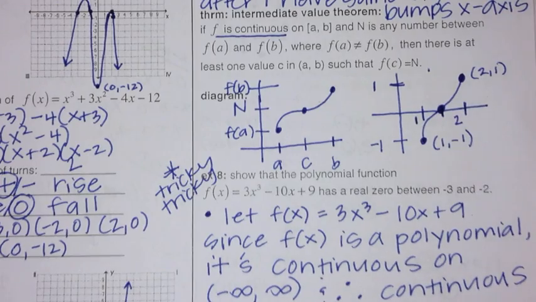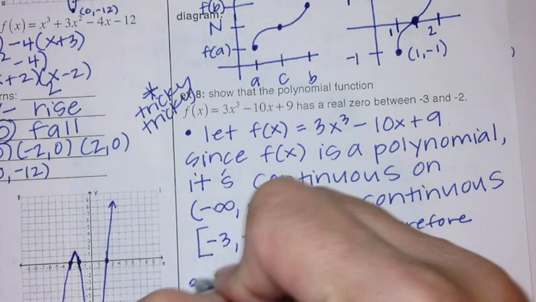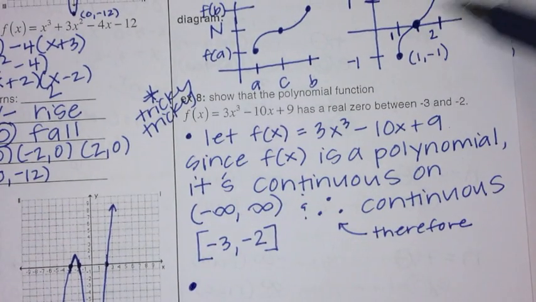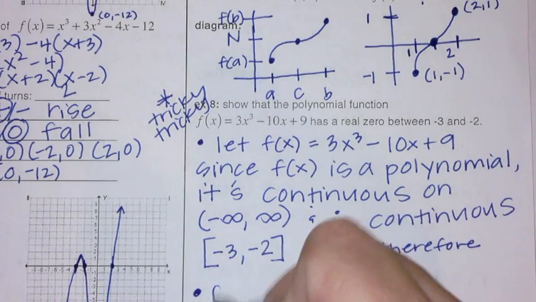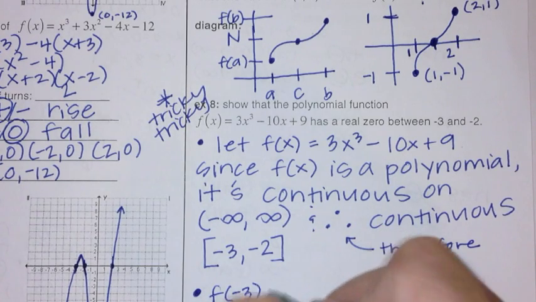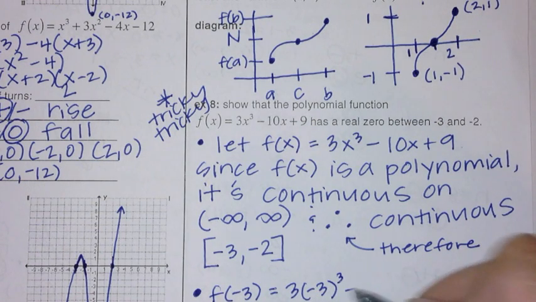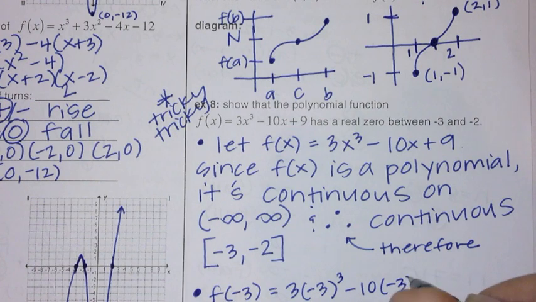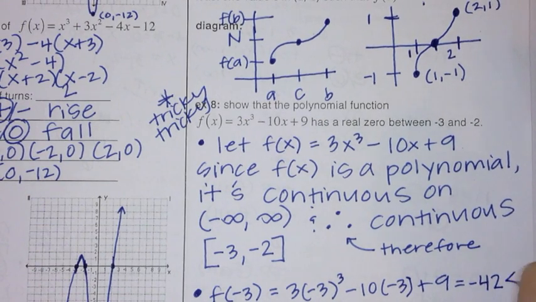So that's the first piece, is just meeting the conditions of your definition. The second piece is we're going to show that there is a sign change in the y values between these two here. So the way you do that is you plug in -3, and you end up with f of -3 equals -42, which is less than 0, so you want to get that part in there.